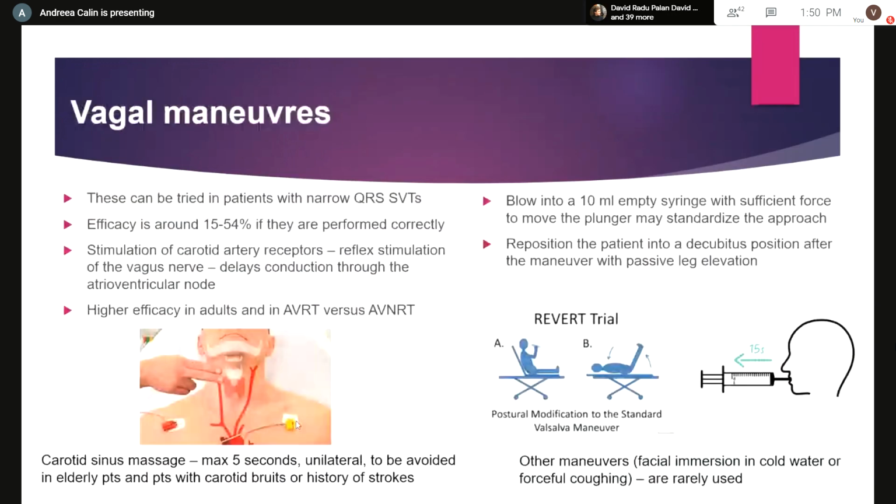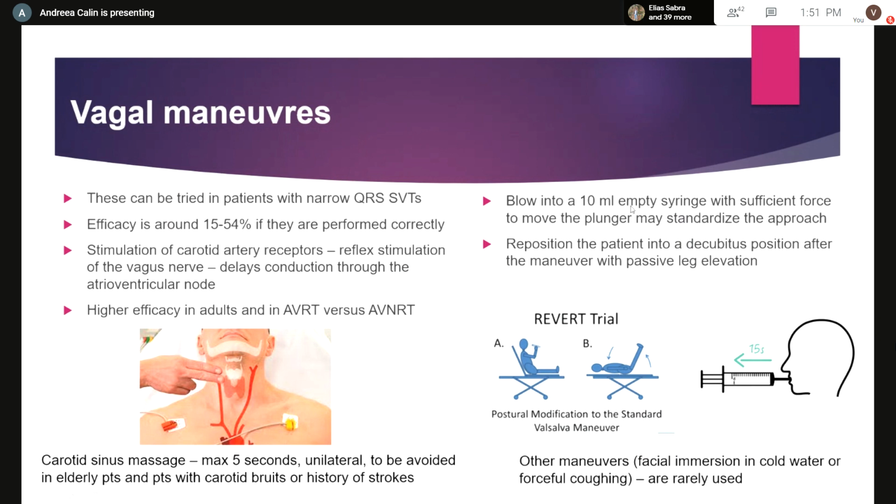Vagal maneuvers can be performed by carotid sinus massage for a maximum of 5 seconds, unilateral, and is to be avoided in elderly patients and patients with a history of strokes. It is very effective in adults and in these reentrant tachyarrhythmias.